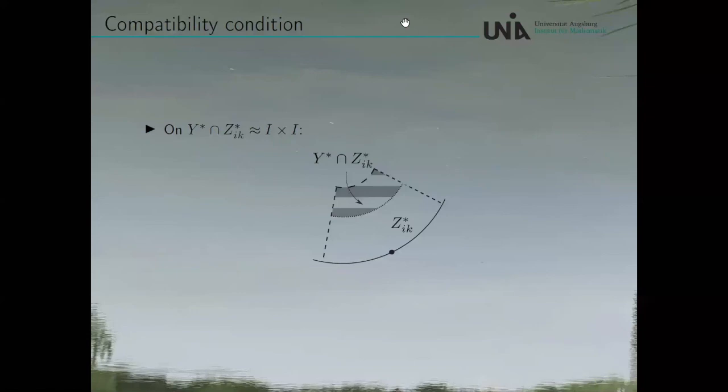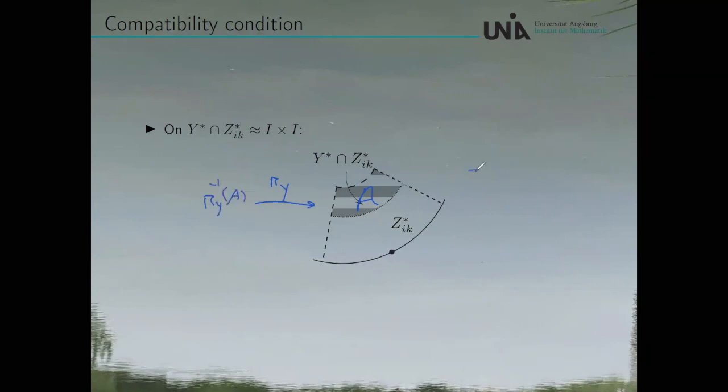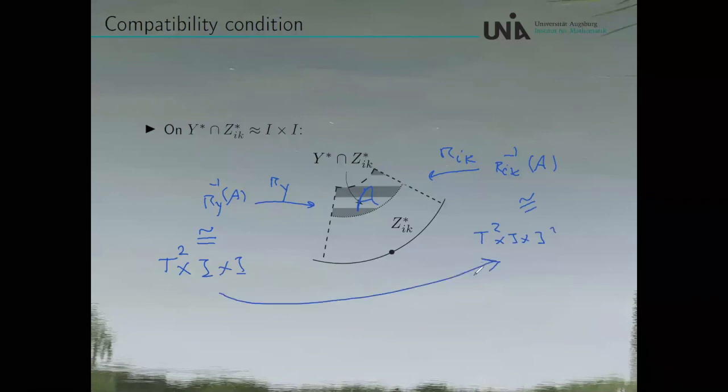It is homeomorphic to a rectangle, and if I call it A, then I have pi y inverse of A, and then I have pi ik inverse of A. One could show that this is equivariantly diffeomorphic to this space. Therefore, I can define an equivariant diffeomorphism between these two pieces.